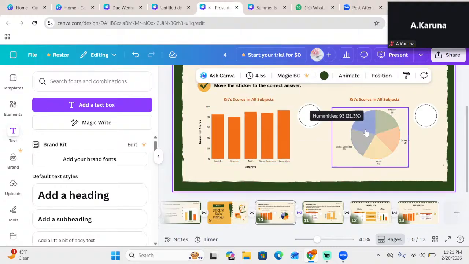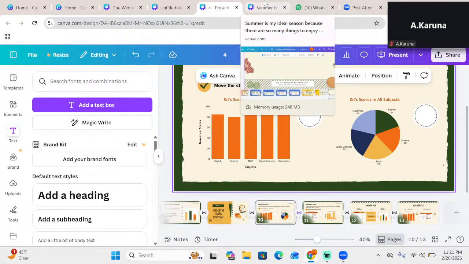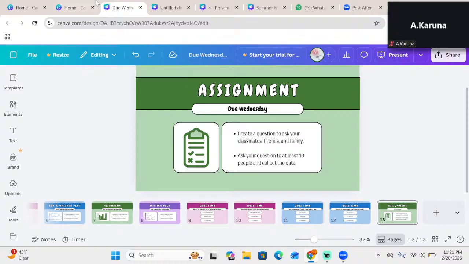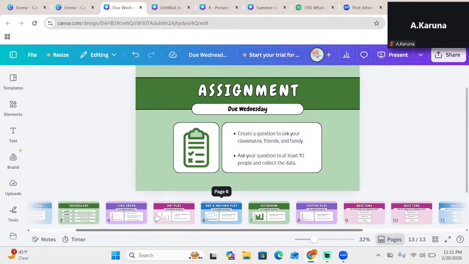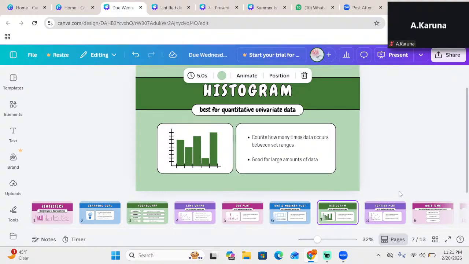And here, it also shows us the scores in each subject. But which one is the better way to show? Well, we said in our previous lesson that a histogram is better to show set ranges, and it's good for large amounts, right?